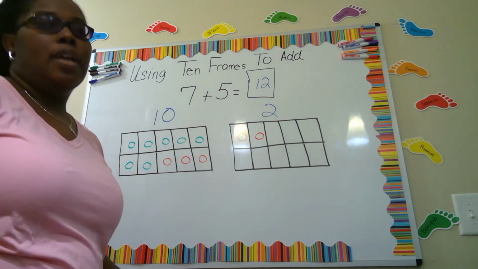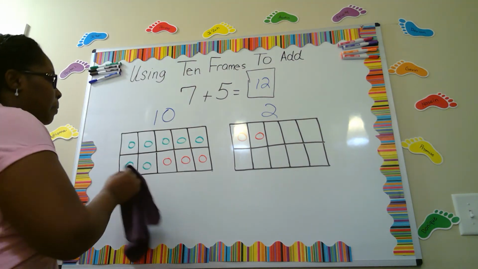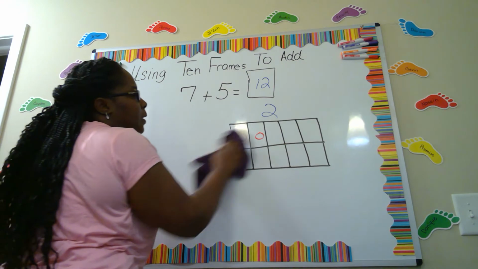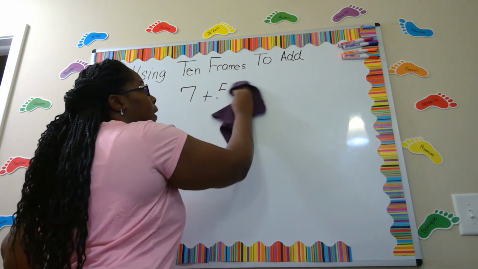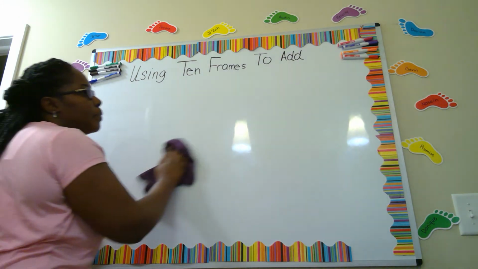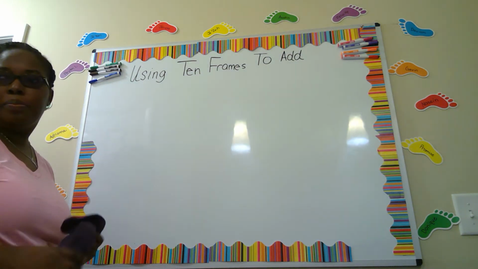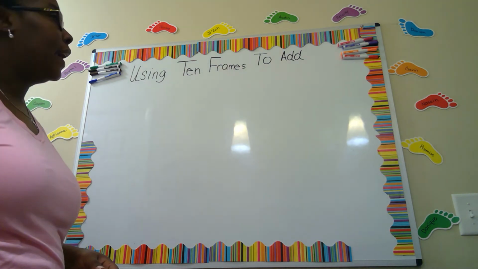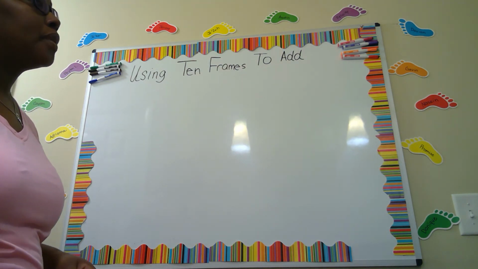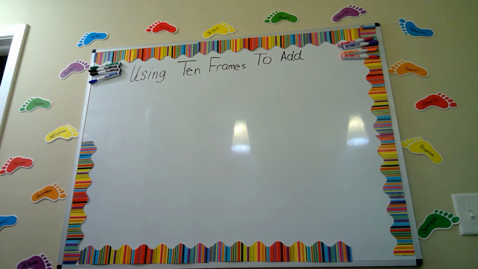Awesome job. Now, we're going to do one last problem. Ms. Barnes is going to help you make the 10th frame, but you're going to model this on your own, and then you're going to hold it up and show Ms. Barnes, Ms. Flemings, and Mrs. Martin your answer, okay? So here we go.